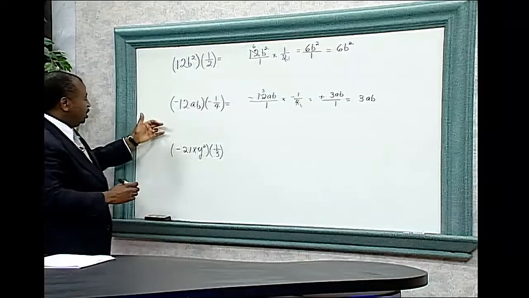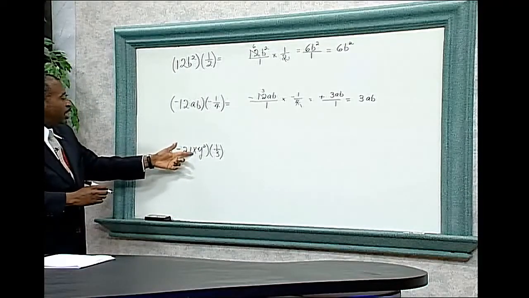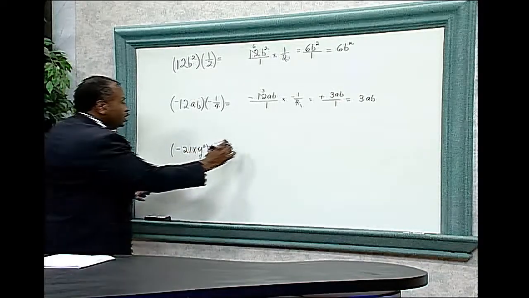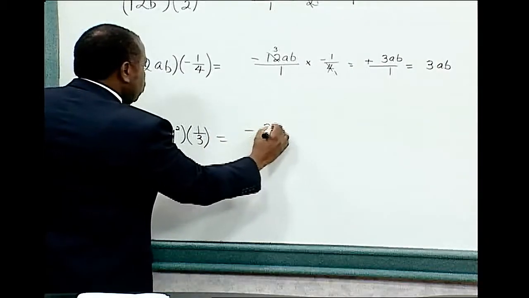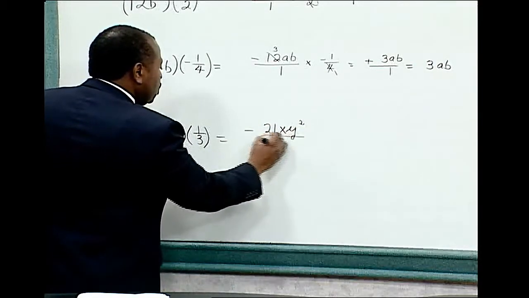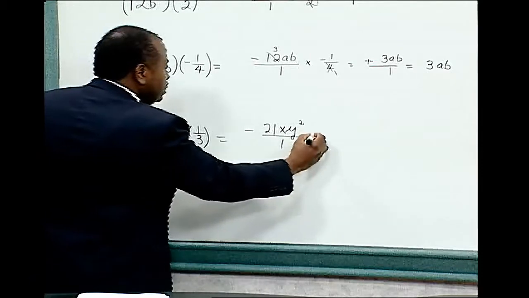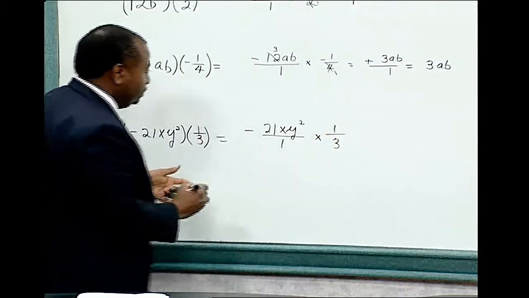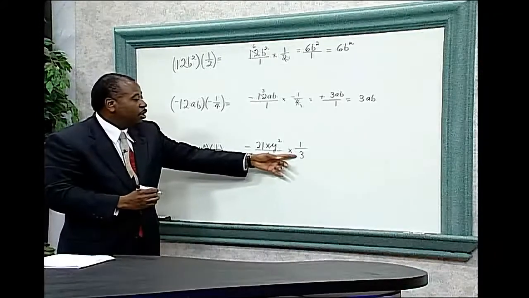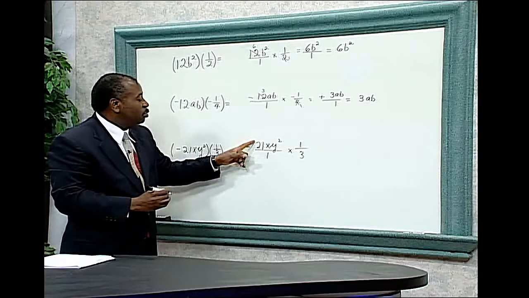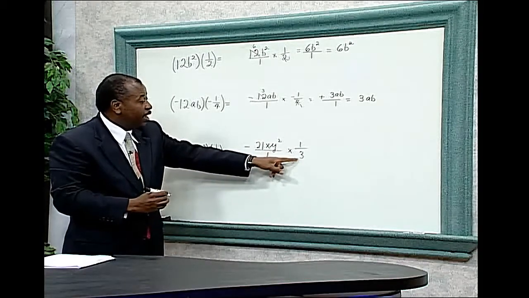Let's go to example 6. A negative 21xy to the second power times 1/3. Negative 21xy to the second power over 1 times 1 over 3. Again, by close observation, we can see that 3 and 21 contain a common factor.